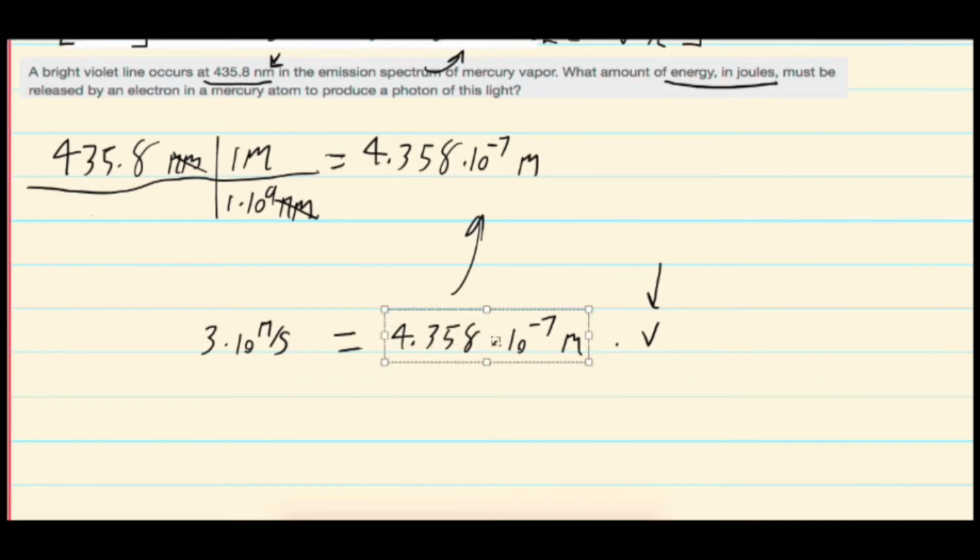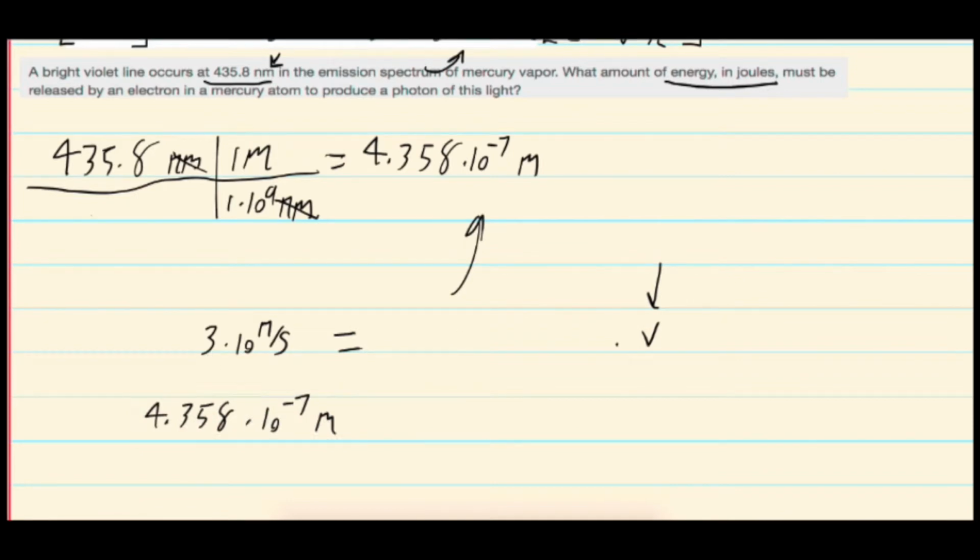We can divide the speed of light by our wavelength, and that will give us our frequency. 3 times 10 to the power of 8 meters per second divided by 4.358 times 10 to the power of negative 7 meters, we will get a frequency of 6.88 times 10 to the power of 14 reciprocal seconds. And that equals our frequency.